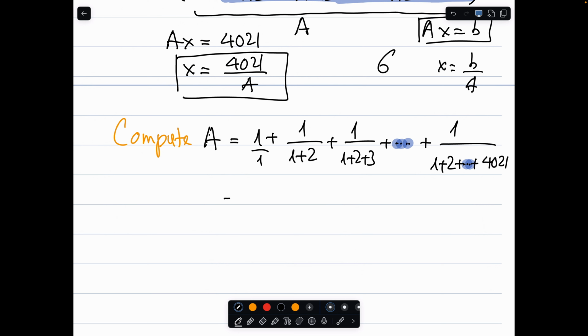So you can try: go on and on. 1 over 1, 1 over 3, right? 1 plus 2 is 3, and 1 plus 2 plus 3 is 6. And then you can guess the next number is 1 plus 2 plus 3 plus 4, which is 10, right? Blah, blah, blah.